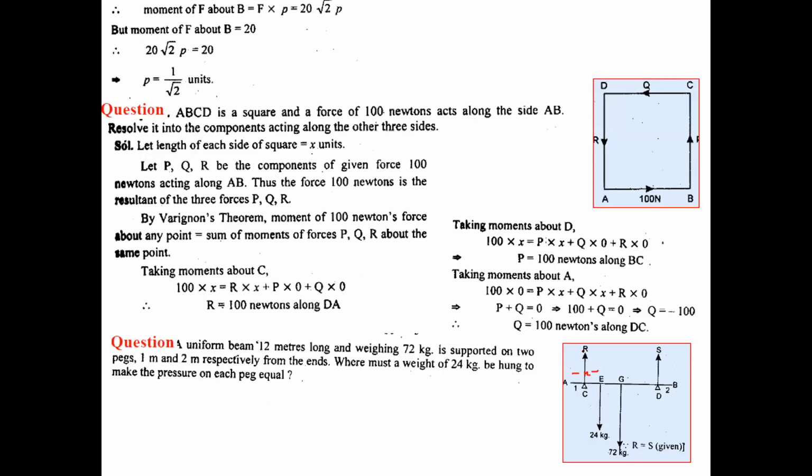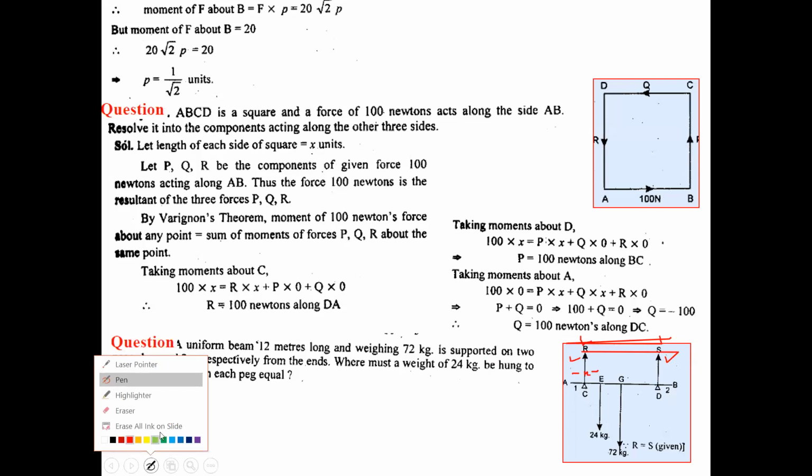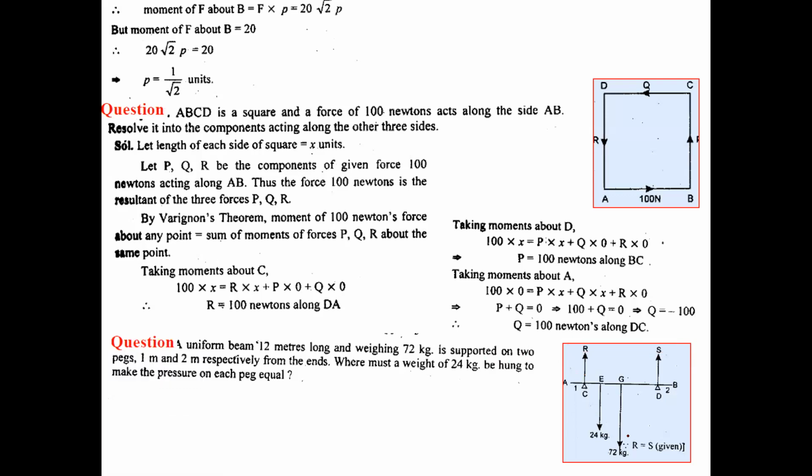Since the system is in equilibrium, because he is saying that the pressures will be equal, the system must be in equilibrium. We have only four forces: R and S vertically upwards, and 24 and 72 vertically downwards.